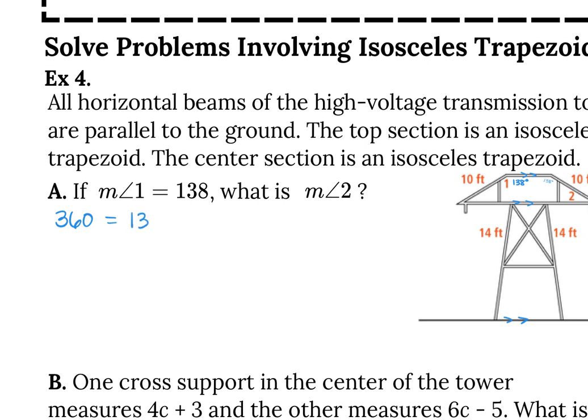We already know 2 of those, but we are missing the other 2, which would be congruent to each other, so we will name those X. I'll add the 138s together and then subtract them from 360 to get me 84. And then divide by 2. So the measure of angle 2 is going to end up equaling 42 degrees.